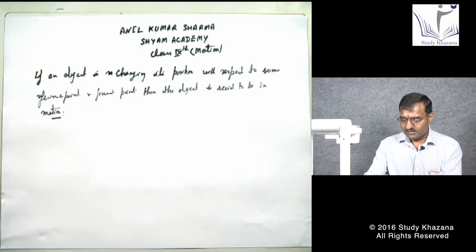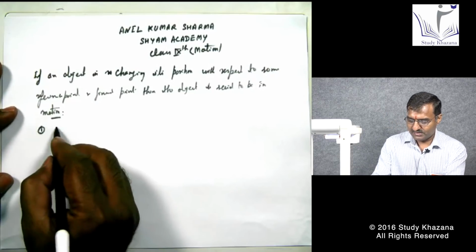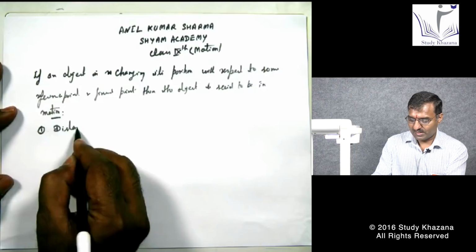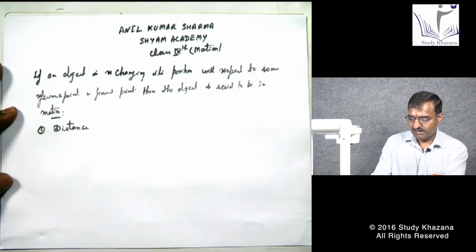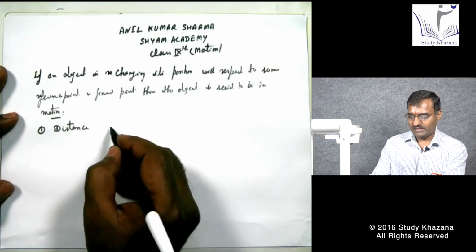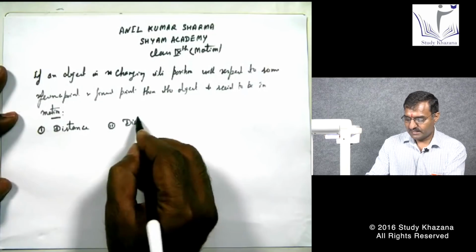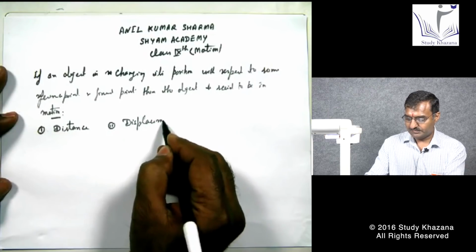Now next comes, we have studied how to define a motion. Next, what are the different terms that are related with motion. First comes distance, because if a motion is there, distance should be covered. Then second, the term is displacement.